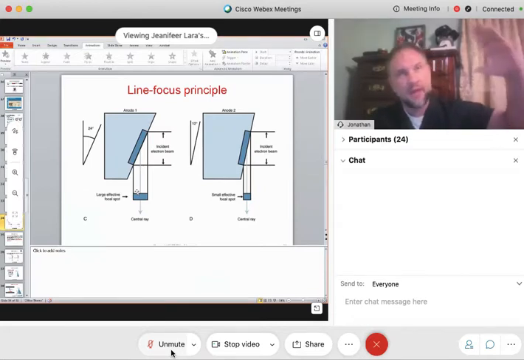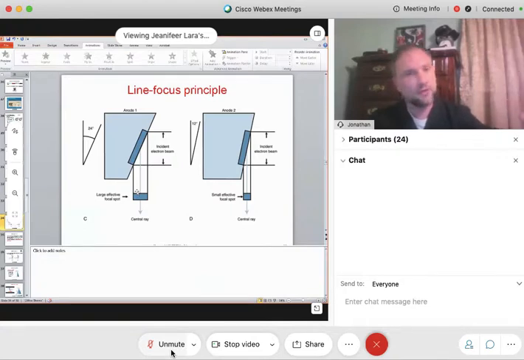And because of the way it's angled, it creates a narrower X-ray photon beam, which is the effective focal spot, because it's the one that's actually going to the patient. So it's smaller and you get a sharper image.